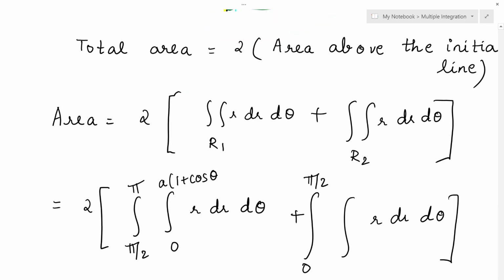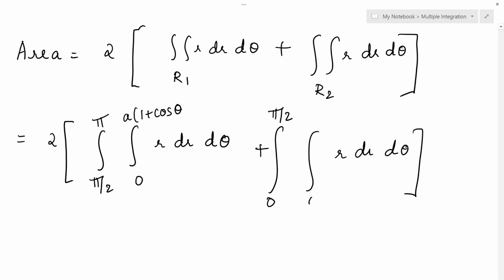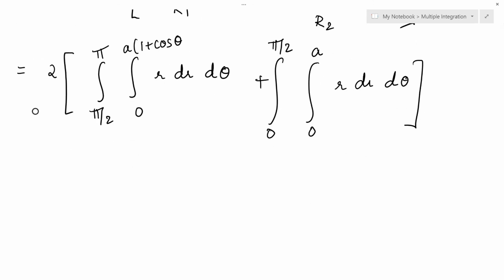The red curve is nothing but r is equal to a. So these will be my limits for both regions. We have divided it into two regions because there are two different intersections. Now let's find the integration of these two parts, and the addition of these will give me the total area of the curve, because I've already multiplied by 2.